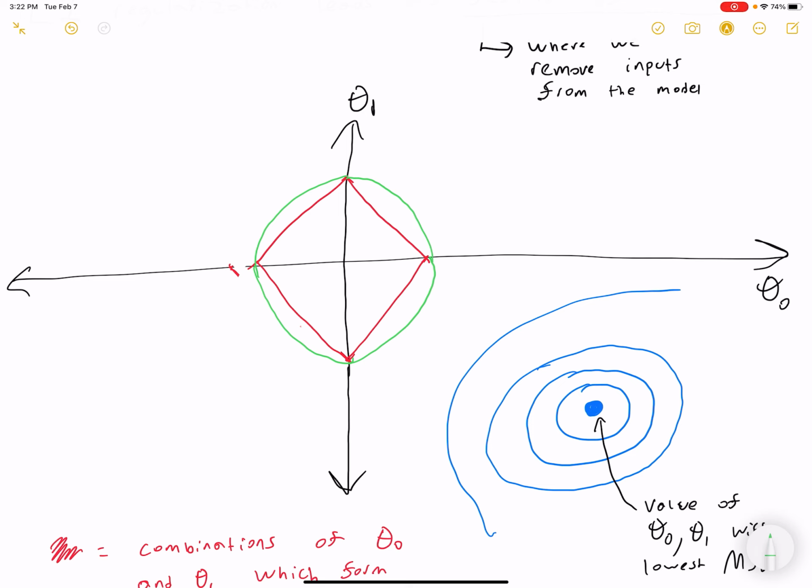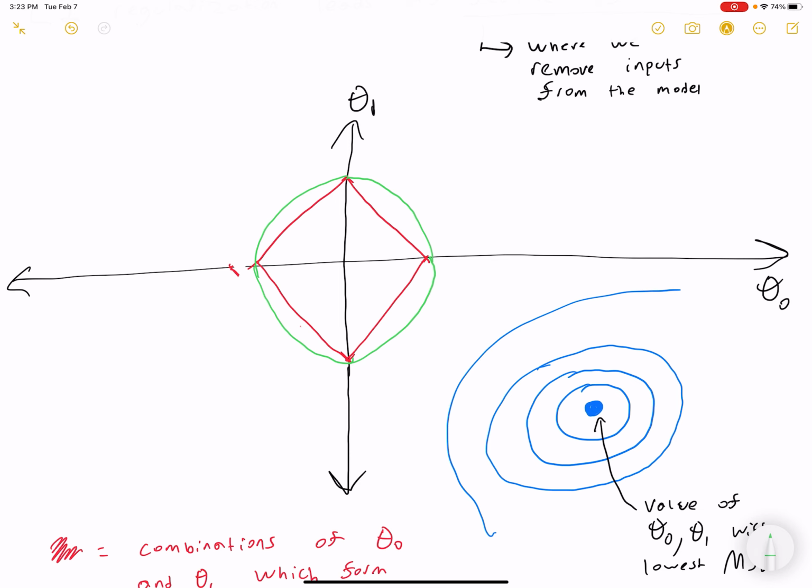When theta 0 is 0 and theta 1 is 1, that would be the top tip of the diamond. When theta 0 is 1 and theta 1 is 0, that would be this right corner of the diamond, and there's a linear trade-off between the two, versus when it's L2 regularization, then you're minimizing theta 0 squared plus theta 1 squared equals 1. That forms a circle, because x squared plus y squared equals 1 is the equation of a circle. So that's why we're drawing this.